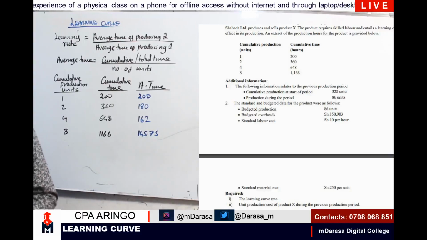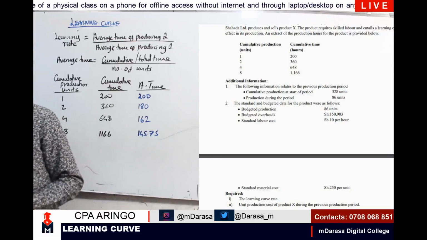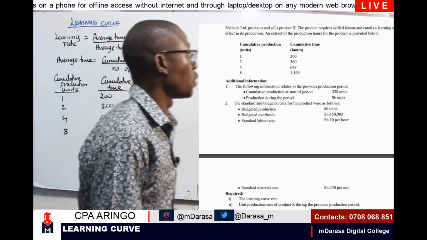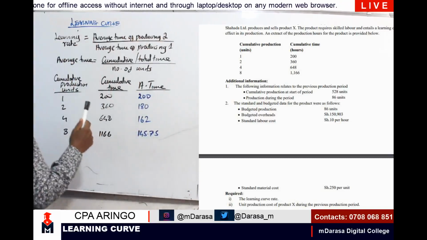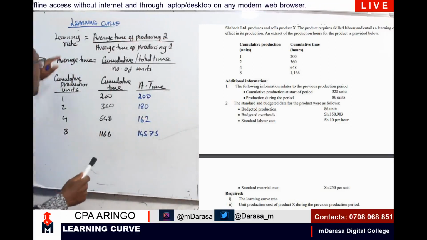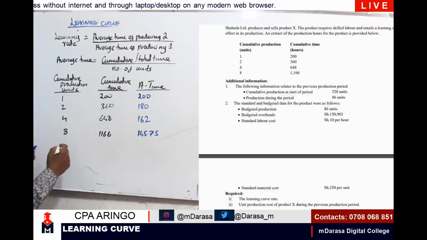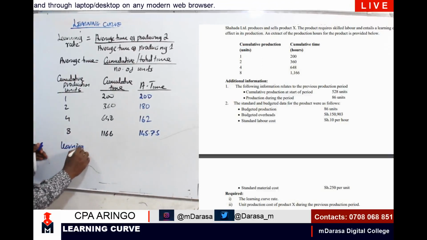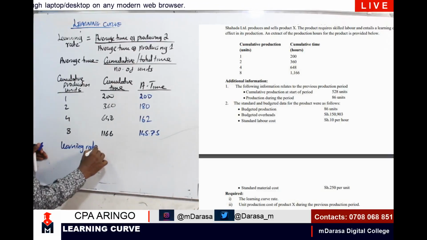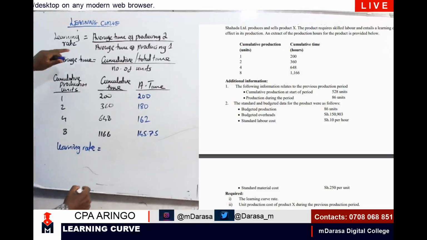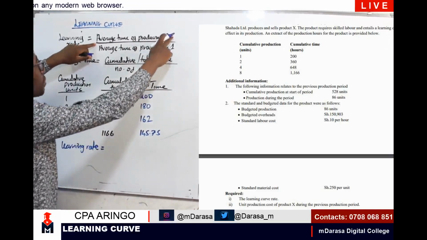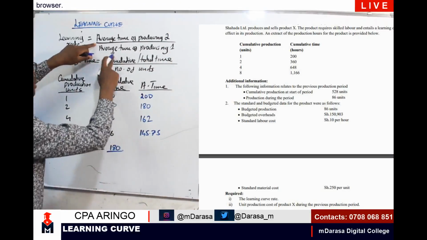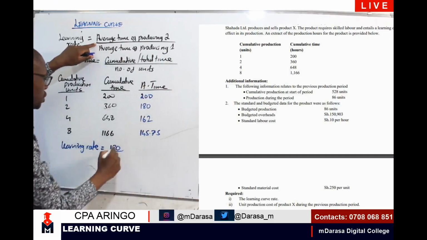Now, my good students, after we have determined that, the big question would be, can we now determine our learning rate? Because recall, Mwalimu has given us a very clear procedure of how we can determine our learning rate. So my learning rate will be as simple as this. We take my average time of producing the second batch, which is 180, and divide by average time of producing the first batch, which is 200.